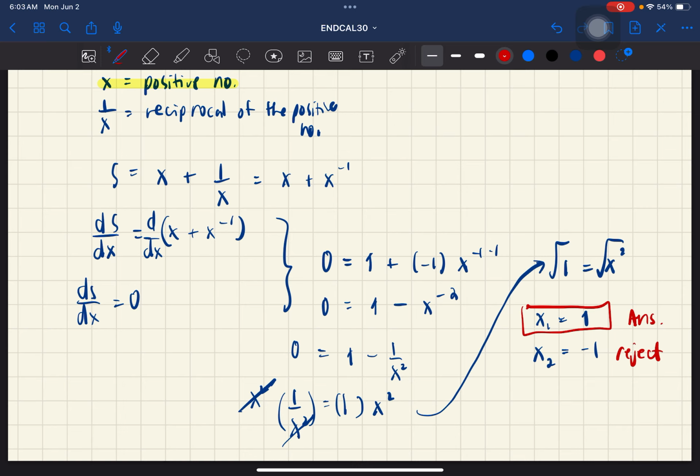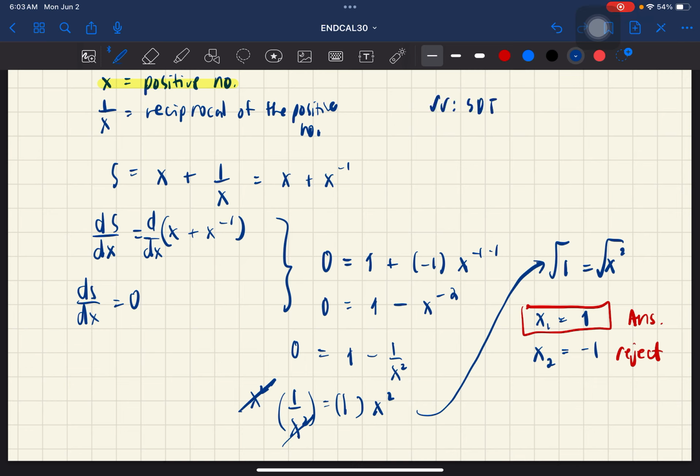So to verify the critical value, because basically this is the critical value, x equal to 1. To verify if this critical value will give us a minimum value of S, we use the second derivative test.